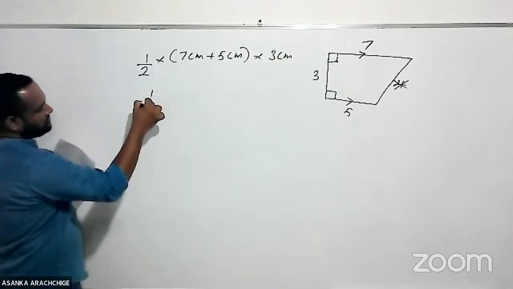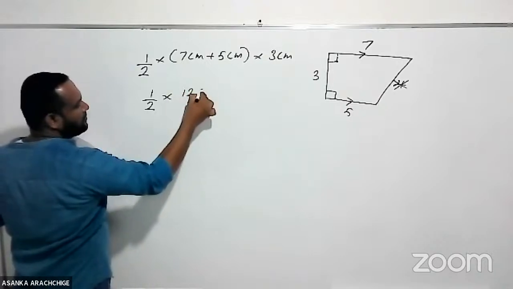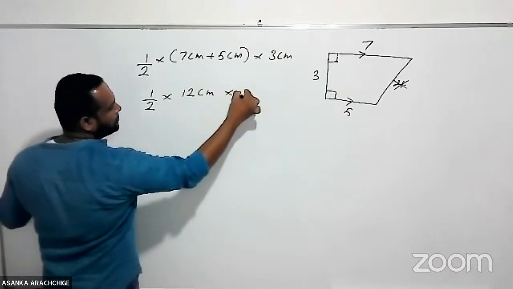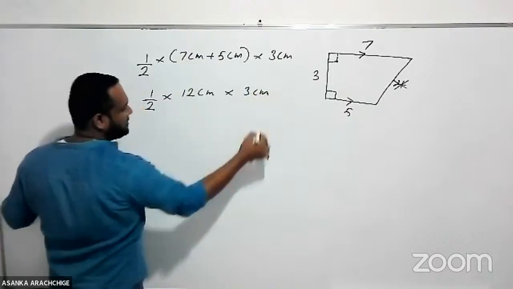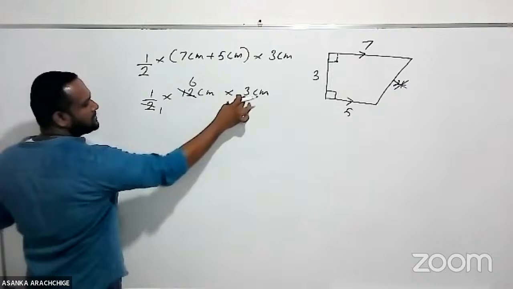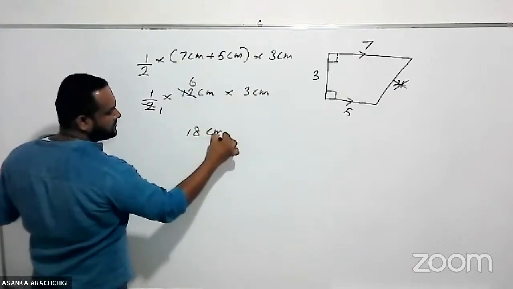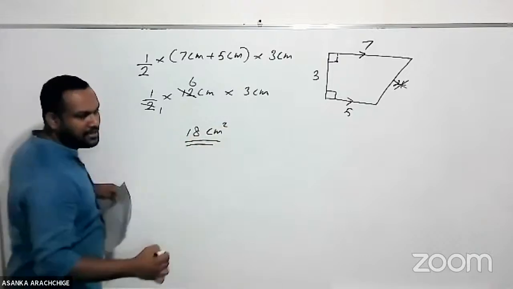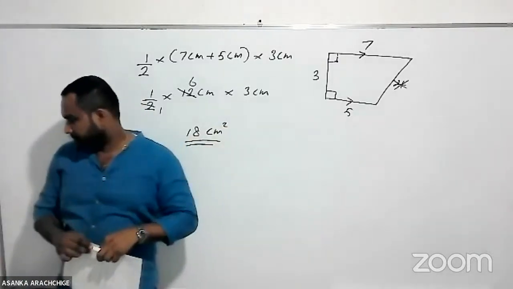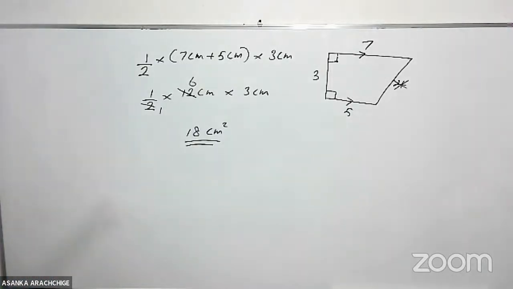Now, half into 7 plus 5, 12 centimeters, into 3 centimeters. 2 times 6, 6 times 3 is 18 square centimeters. Right?